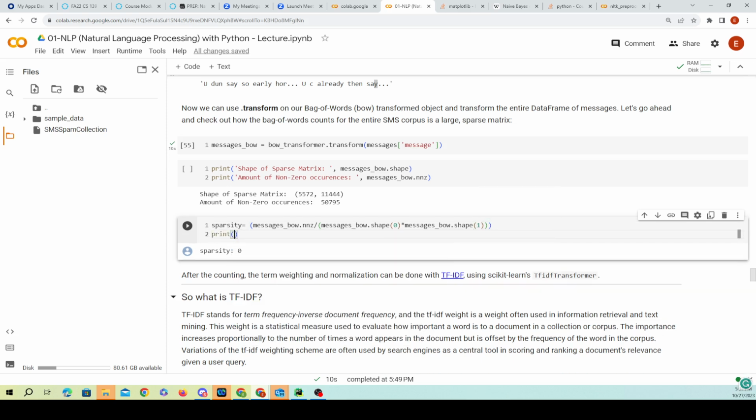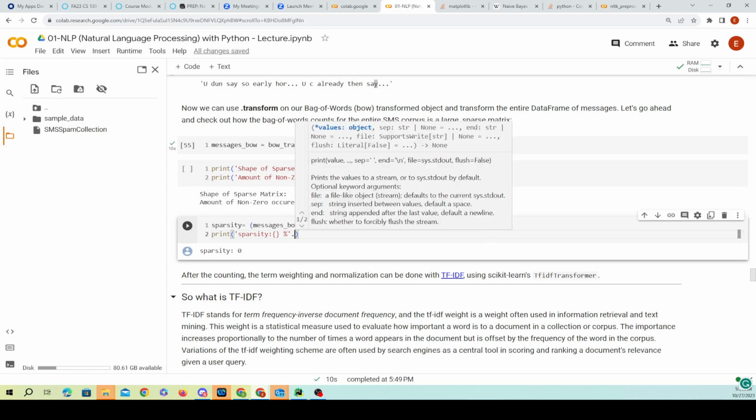And then we're going to print the sparsity. We're going to put a percentage there just to make it a little bit nicer.